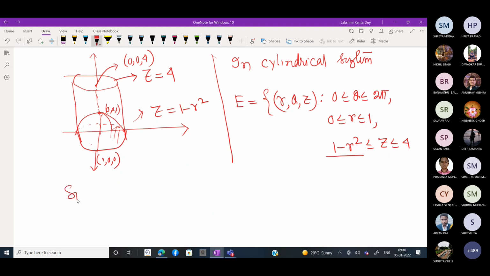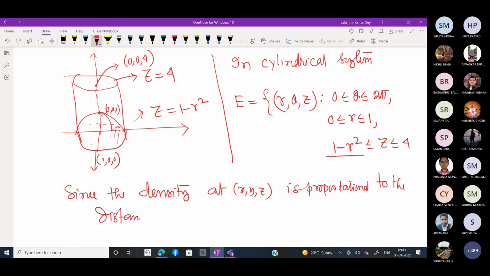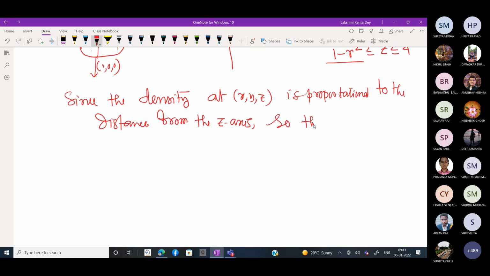Now, whatever is given, since the density at x comma y comma z is proportional to the distance from the z axis, the density function will be a function of x comma y comma z.